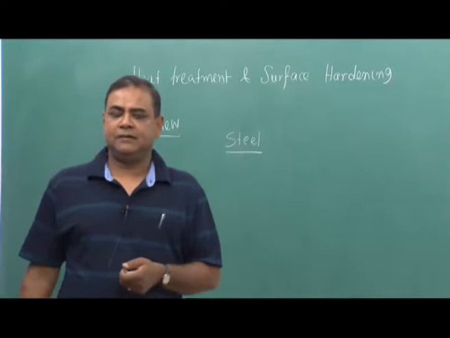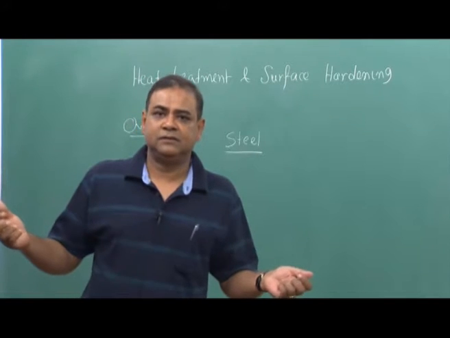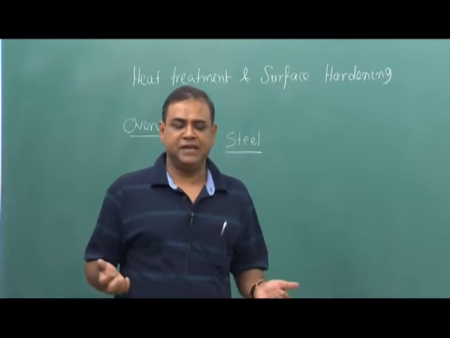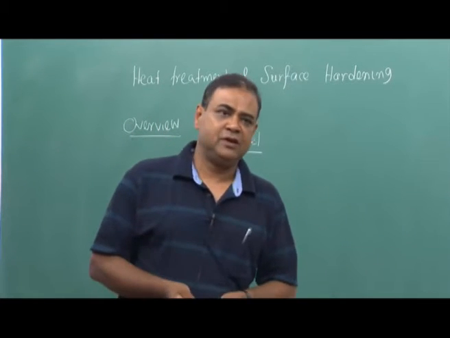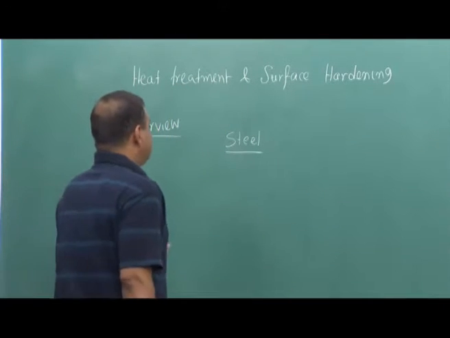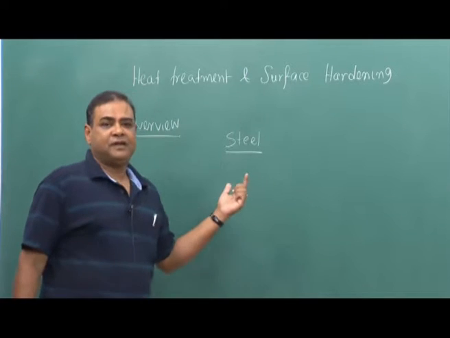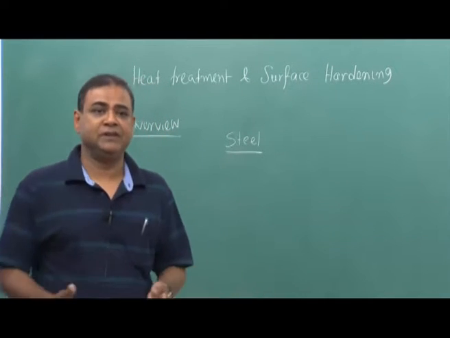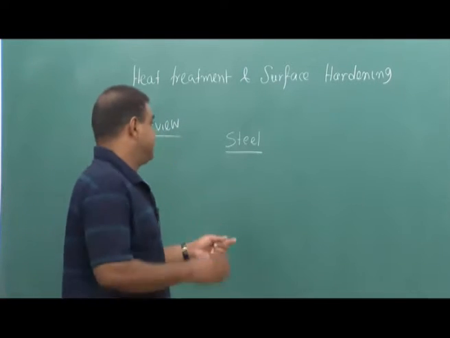In fact, if we consider the gamut of use of different materials in our engineering applications, we would see that at least 70 to 80% of applications, considering that we are living in a modern society, still use steel.